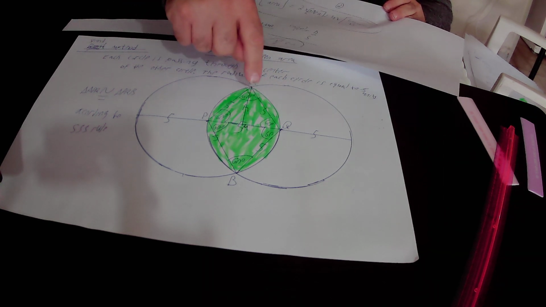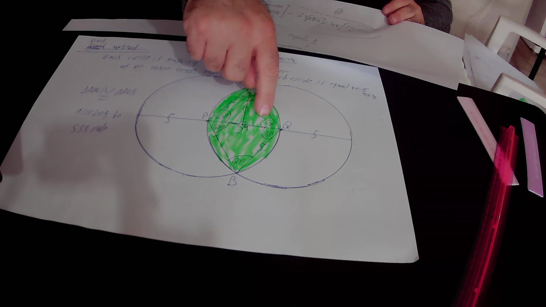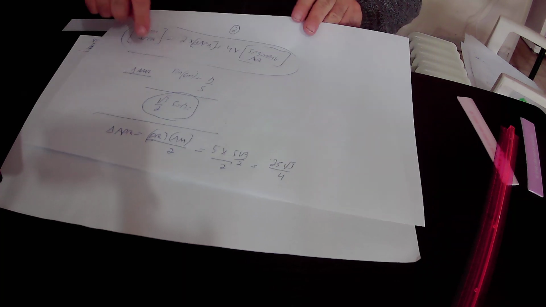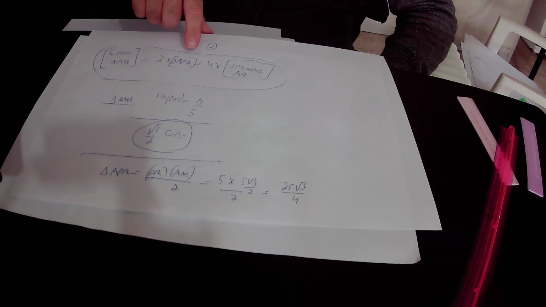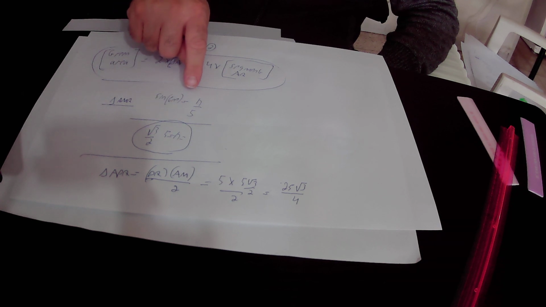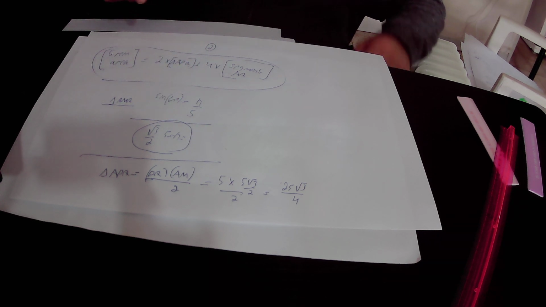here we defined AM as H, and here sine 60 degrees equals H over 5 in triangle AMQ. Sine 60 degrees is equal to square root of 3 over 2, and we multiplied this equation by 5, and we got that H equals square root of 3 over 2 times 5.